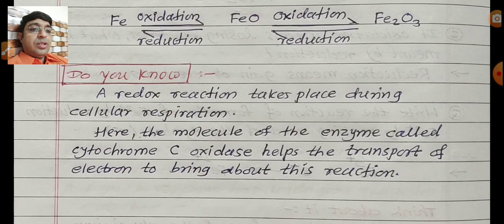So do you know a redox reaction takes place during cellular respiration? Here the molecule of the enzyme called, underline in your textbook, cytochrome c oxidase, helps the transport of electrons to bring about this reaction.